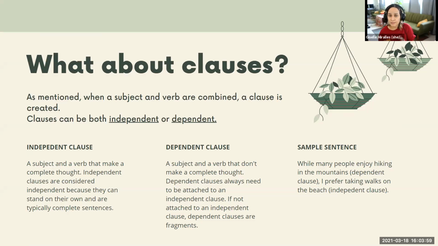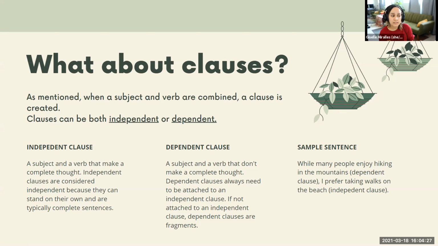What about clauses? Clauses are the third thing I mentioned in the title of this workshop: subjects, verbs, and clauses. And as mentioned, when subjects and verbs are combined, a clause is created. Clauses can be both independent and dependent, and I want to show you what those two different clauses look like. So for an independent clause, a subject and a verb usually make a complete thought.